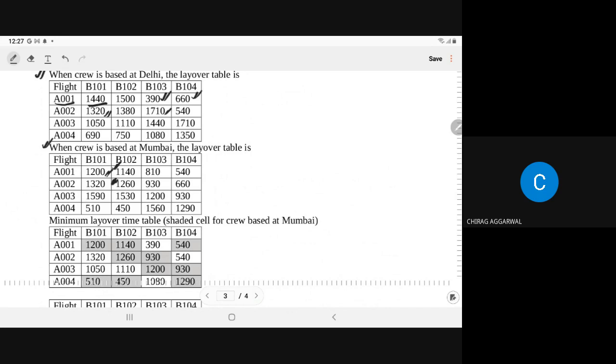Okay, it will come here. This is 1320, we were seeing the wrong column. It is 1320. Correct.